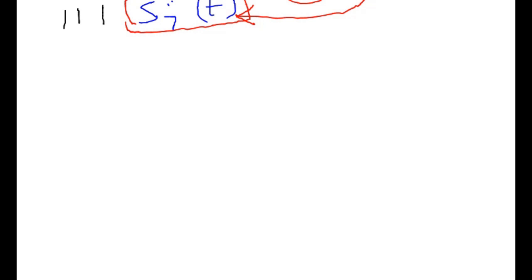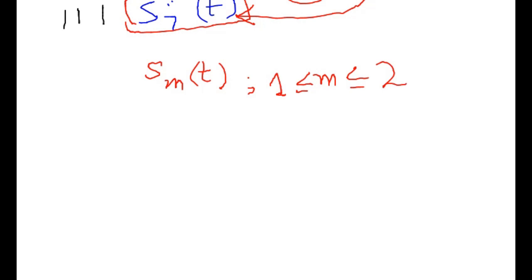The binary sequence is grouped into sequences of k bits, and each sequence is mapped to s_m(t), where m is from 1 to 2 raised to the power k. These are the unique symbols which are the output of the modulator.